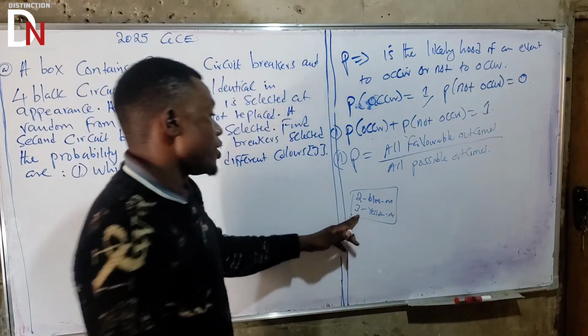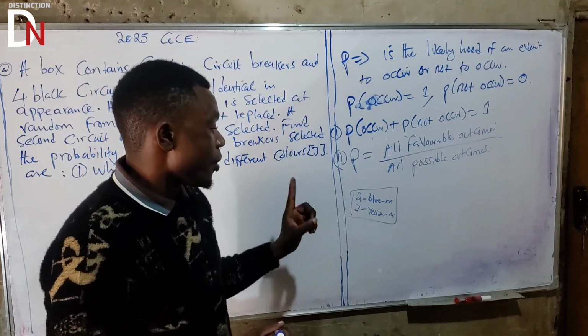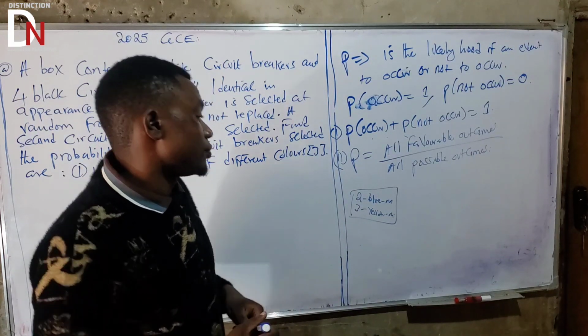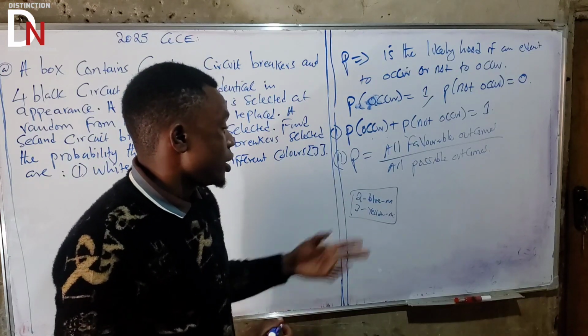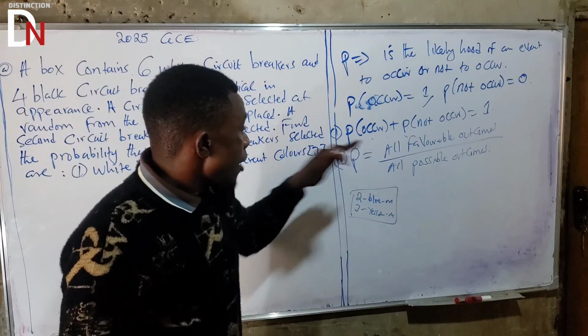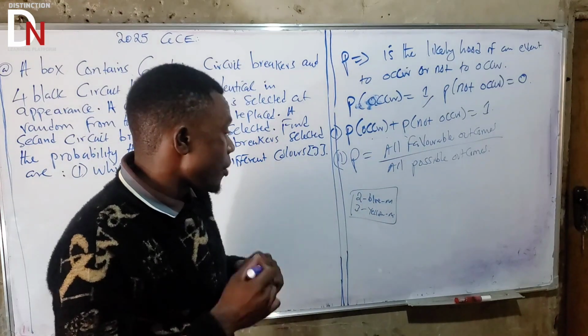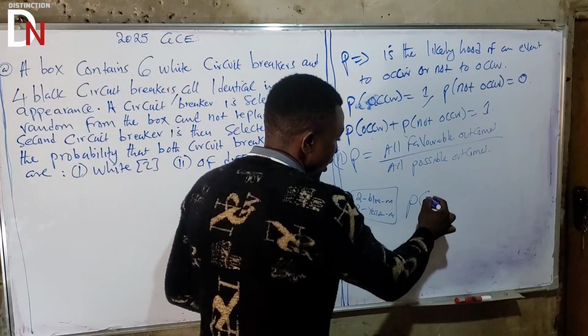Then the question is saying 1 marble is picked at random from the box, and what is the probability for randomly selecting a blue marble? So my favorable outcome or my interest is a blue marble.